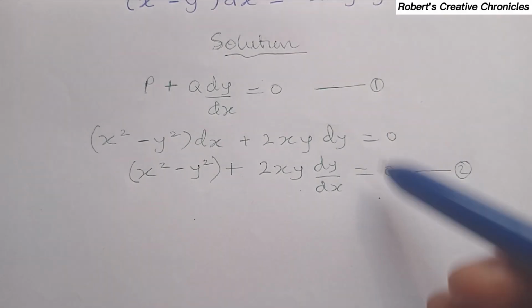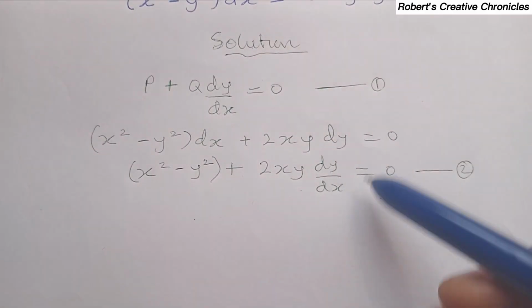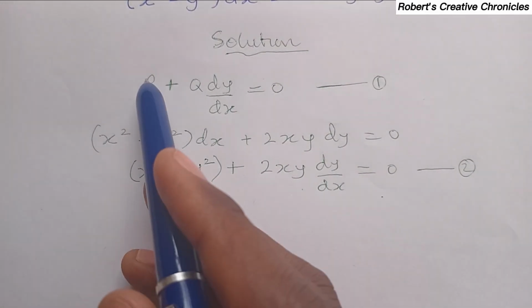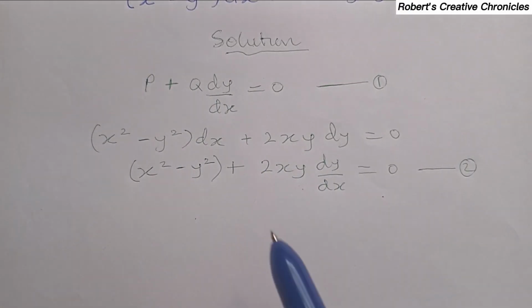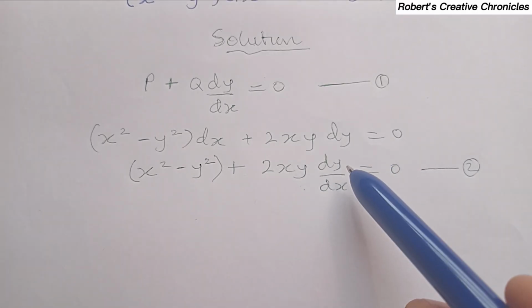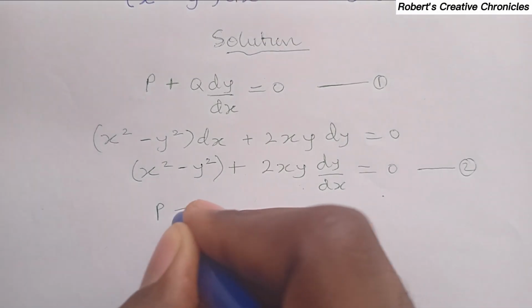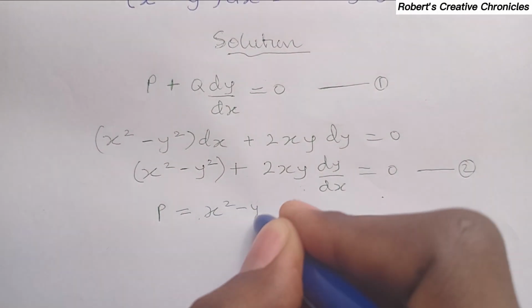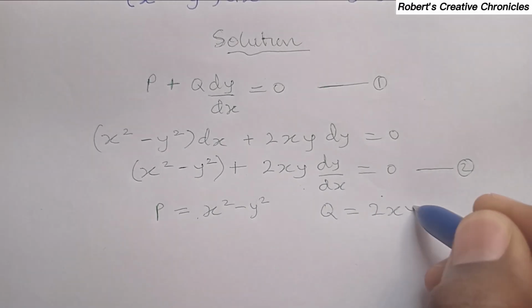Now from equation 1 and 2, you compare them. You will see that p is equal to this function and q is equal to this function, and dy over dx is equal to dy over dx. So now we can see that p is equal to x squared minus y squared. Then q is equal to 2xy.